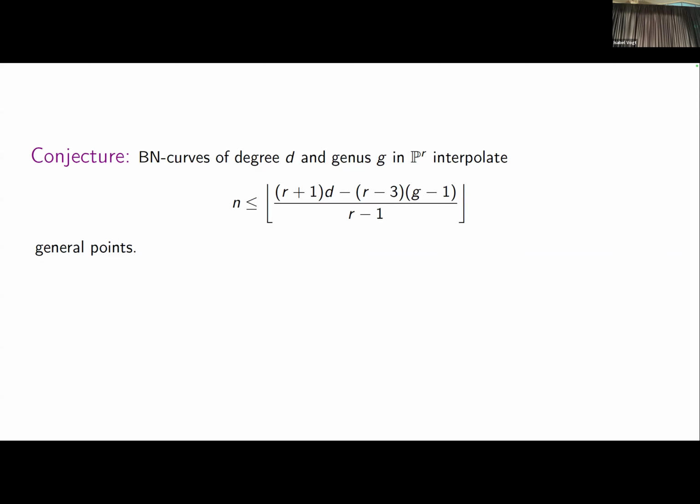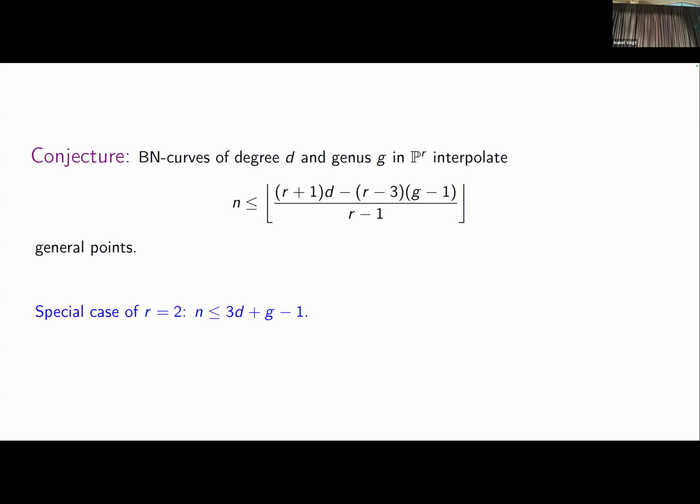I want to just do a couple of special cases. The first one is when r is 2. We did at the beginning of this talk this extended example of interpolating plane curves. So when r is 2, if you plug that into this conjecture, you exactly get 3d + g - 1 points, and that is what we saw for the maximum number of general points for plane curves of degree d and genus g.